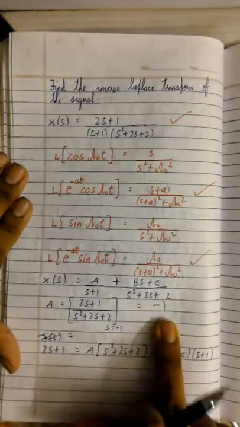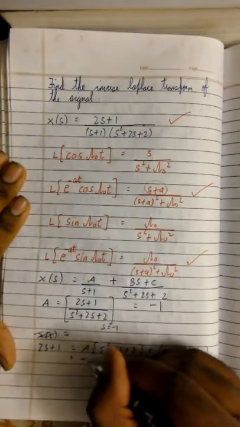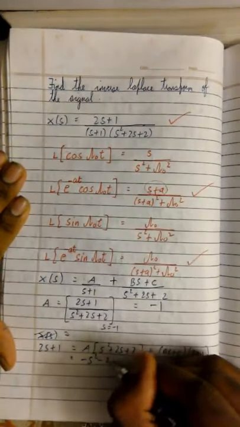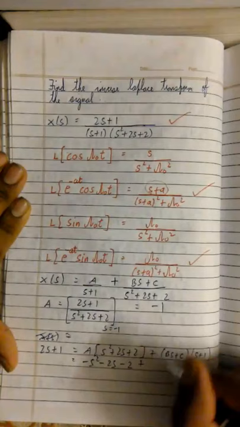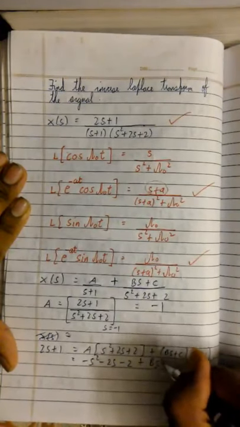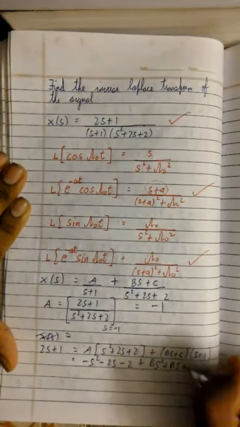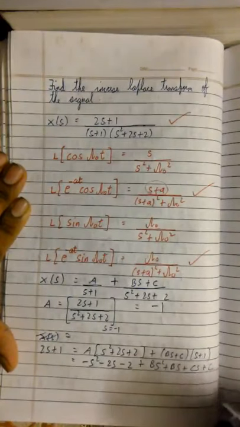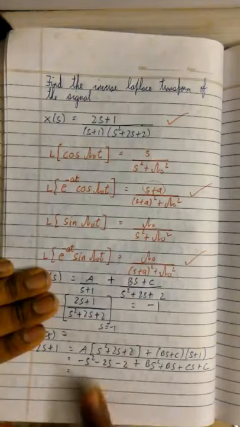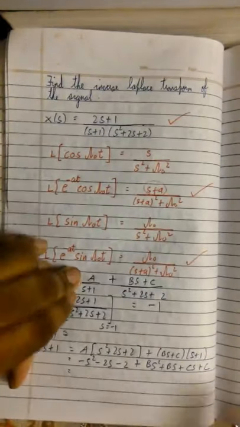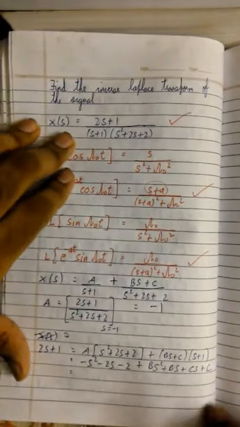The value of a is minus 1, so this is nothing but minus s square minus 2s minus 2 plus, cross multiplying this, it will become bs square plus bs plus cs plus c. Okay, so now I am going to group each and every term with respect to the power of s.